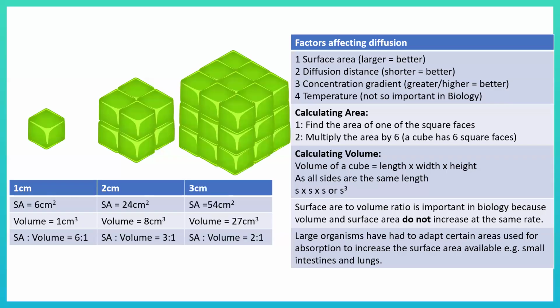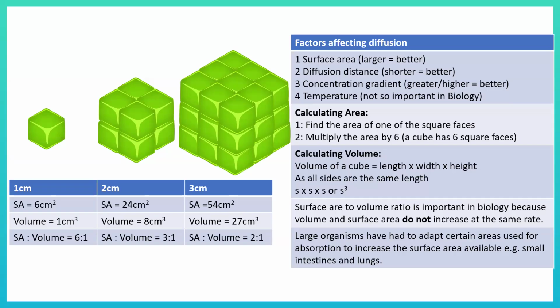And then if we look at a much bigger cube, which has got 3 by 3 centimeters length. So if we do 3 times 3, that's going to give us 9 centimeters squared per face. 6 faces, so that's 54 centimeters squared. And if we work out its volume, 3 times 3 times 3, 27 centimeters cubed.